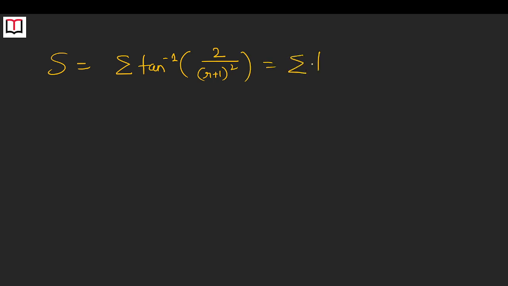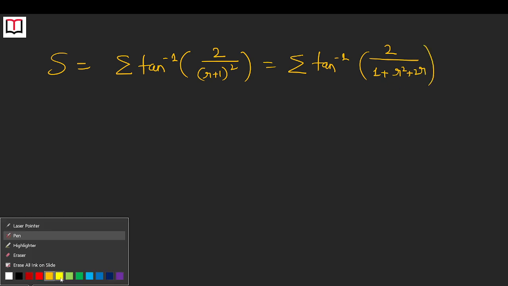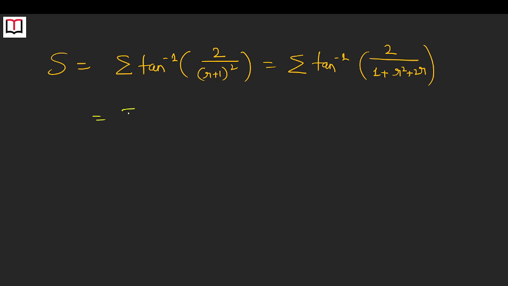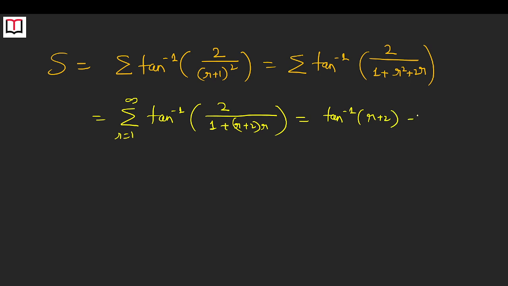So it's summation of tan inverse of 2 over, if I open this, 1 plus r square plus 2r, where r goes from 1 to infinity. So it's tan inverse of 2 upon 1 plus r plus 2 into r, whose difference is sitting in the numerator, so I can write it as tan inverse of r plus 2 minus tan inverse of r.